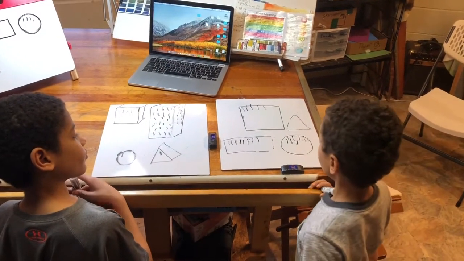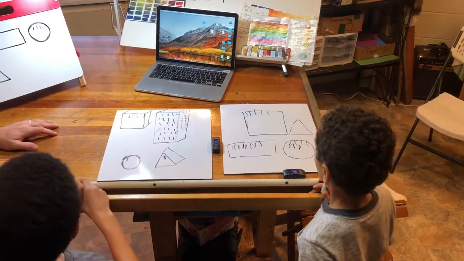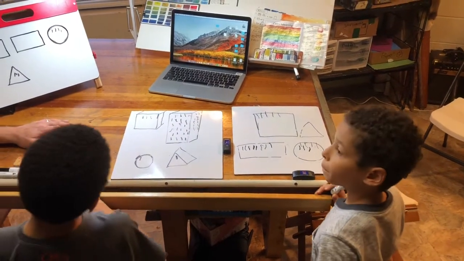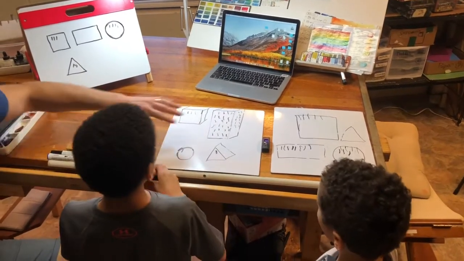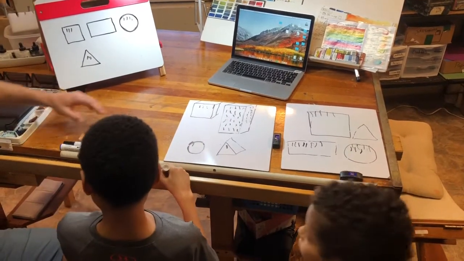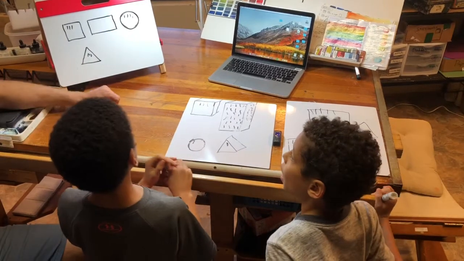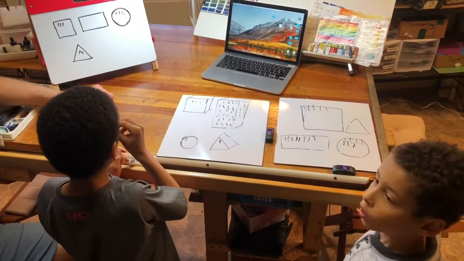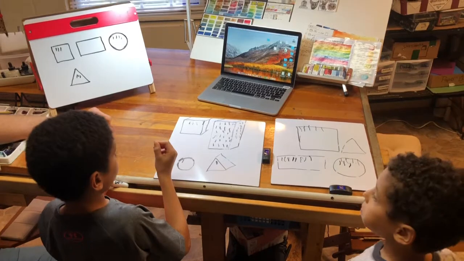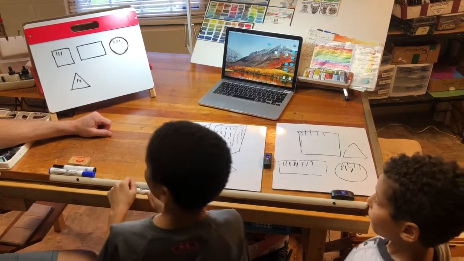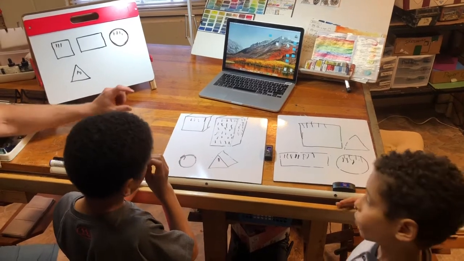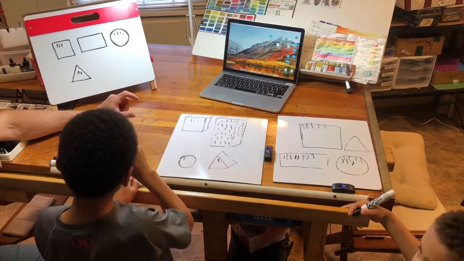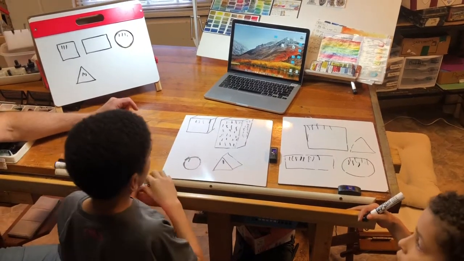So was your guys' prediction correct? You predicted mostly squares? No. You found mostly what? Rectangles? And did any of you find a huge amount of rectangles anywhere? Where did you find the most rectangle shapes? In my Lego city. Bingo. Are Legos usually circle, triangle, rectangle, or square?